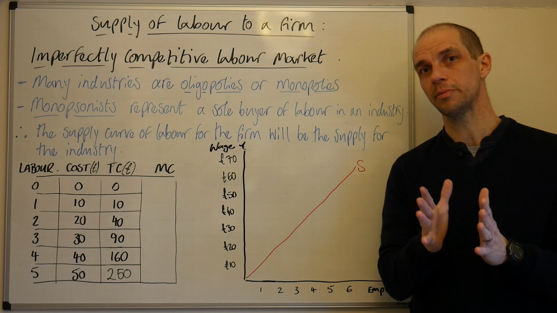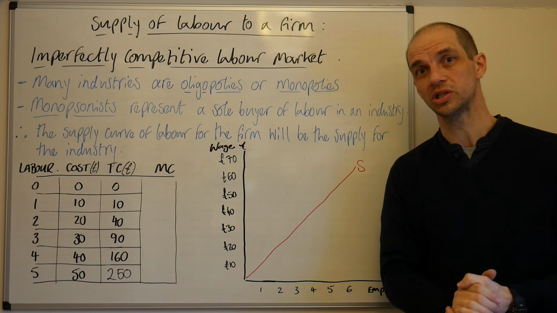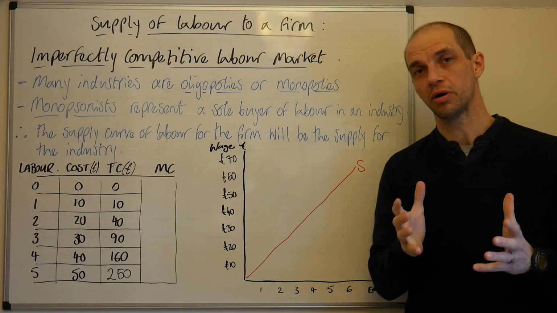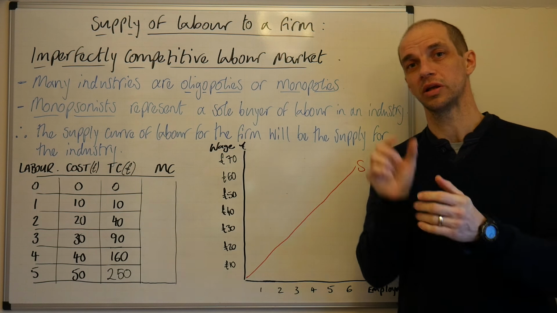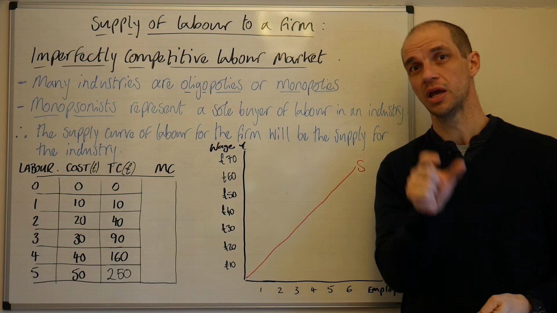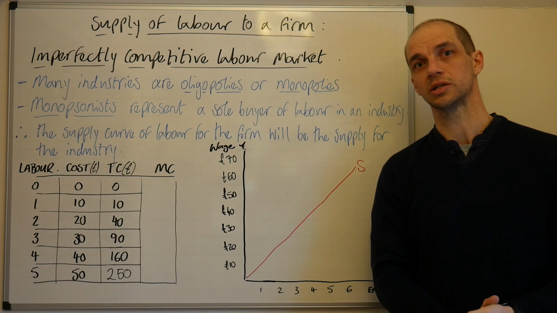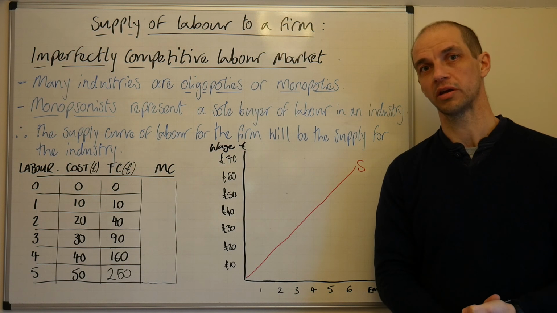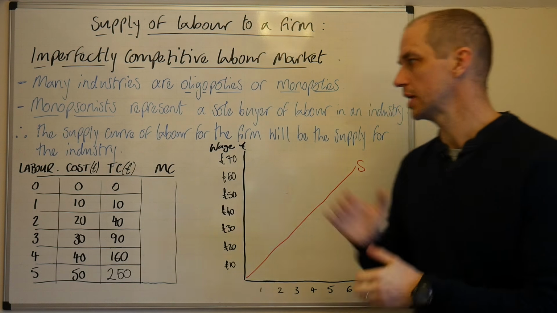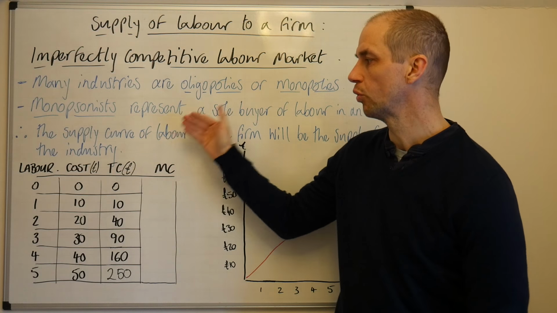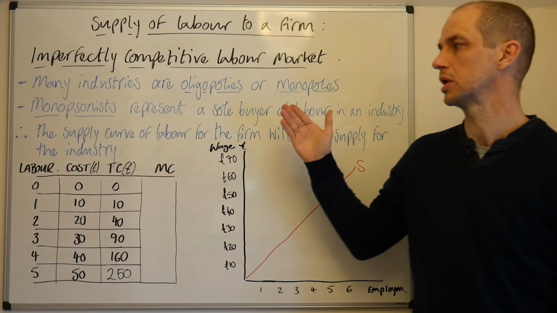So it's important to remember this as a distinction from what we saw in the previous lesson in perfectly competitive labour markets, where you have a separation between the firm's elastic supply curve of labour and the industry's upward sloping supply curve of labour. Anyway, let's focus in on the reasons for this and how this would actually look.